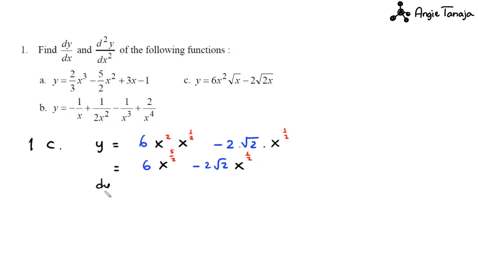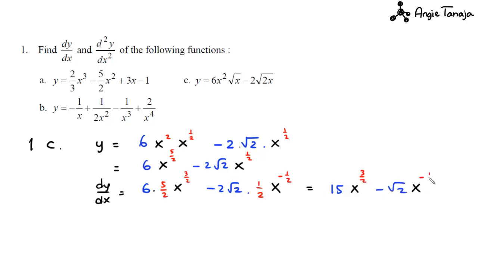So then the first derivative will be the same way: 6 times 5 over 2 x to the 3 over 2, minus 2 root 2 times half times x to the negative half. To simplify, this will be 15x to the 3 over 2 minus root 2 x to the negative half.